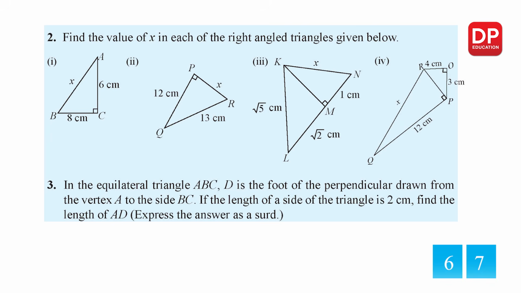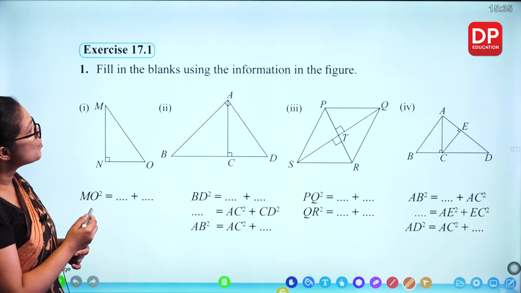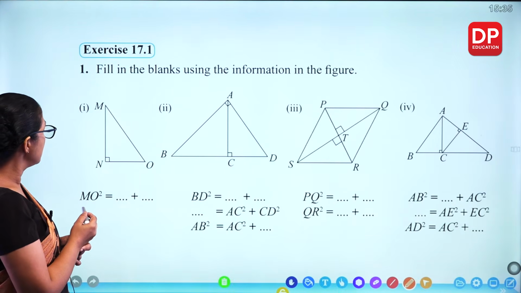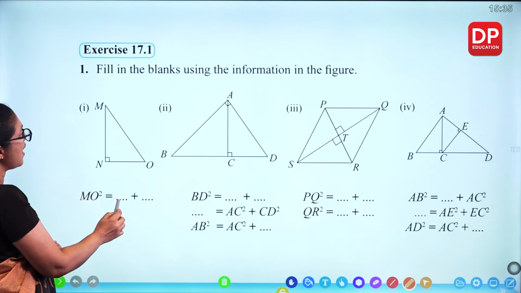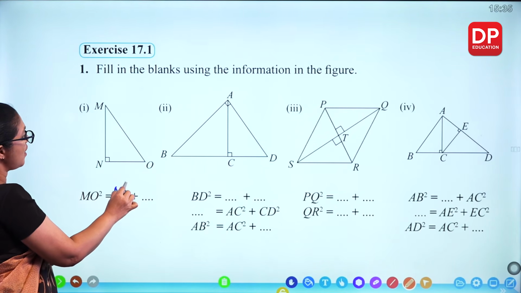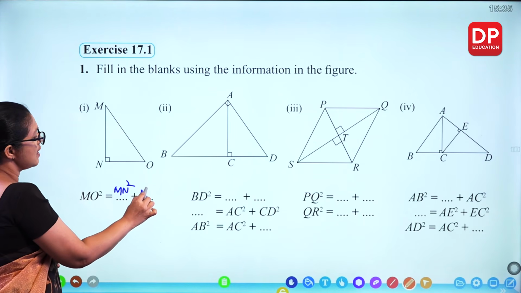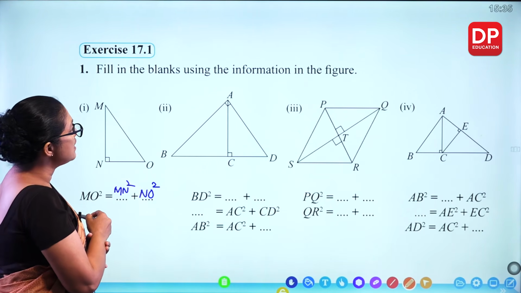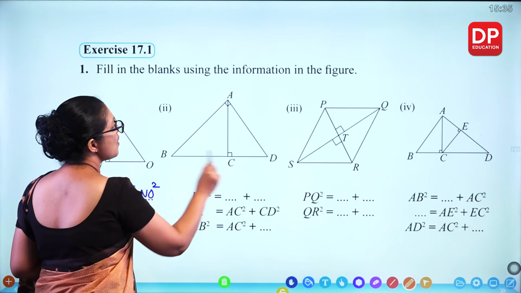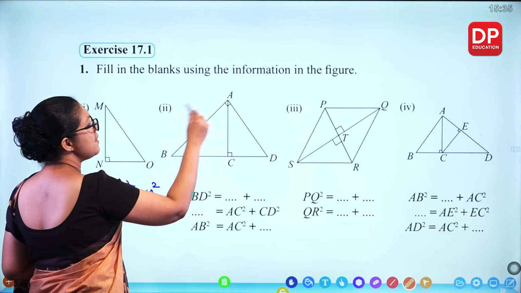Exercise 17.1. Fill in the blanks using the information in the figure. MO squared. This is the hypotenuse. How can we write it? MN squared plus NO squared. BD squared. BD is this one. We can take triangle ABD.